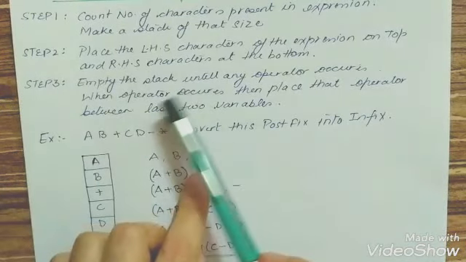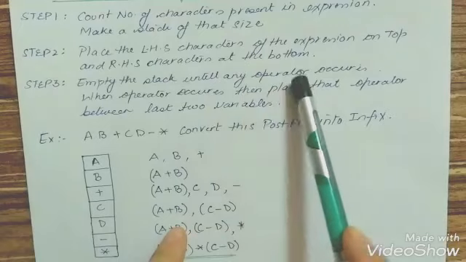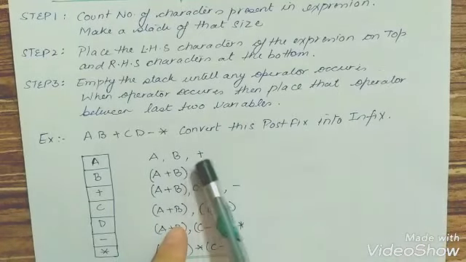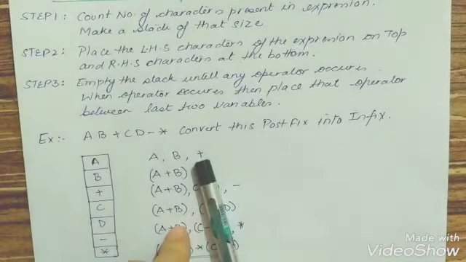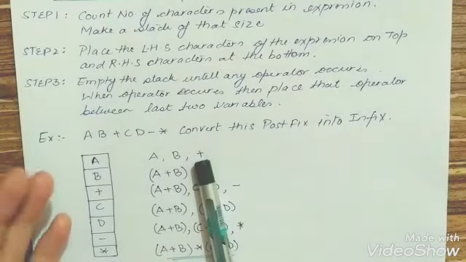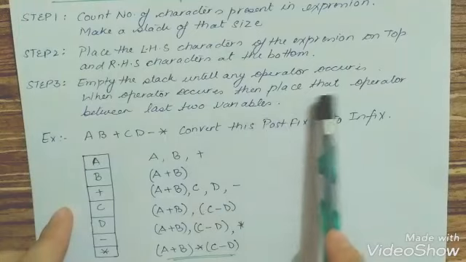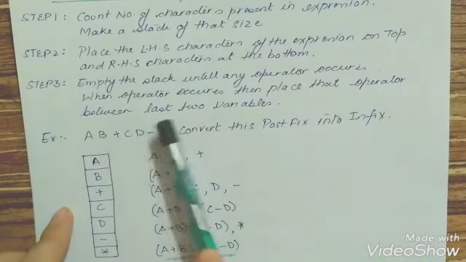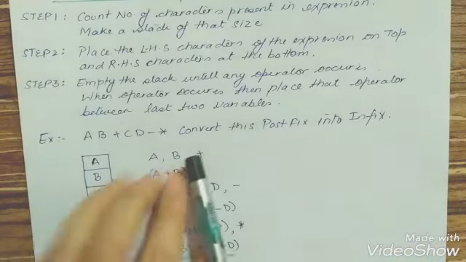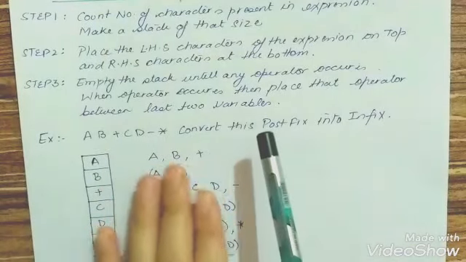So here is the condition. It says empty the stack until any operator occurs. So here an operator has occurred. Plus is an operator. When this occurs, what are we going to do? When an operator occurs, place that operator between the last 2 variables. So here, as you can see, just forget this part over here.